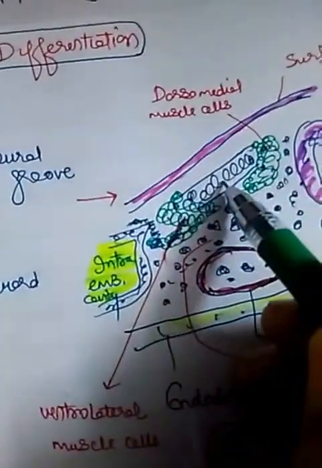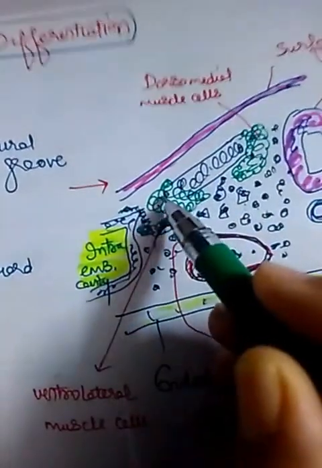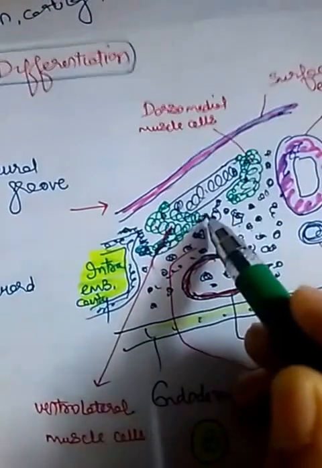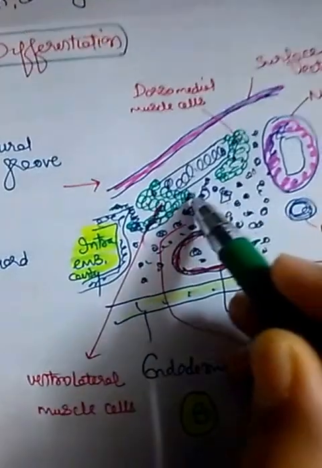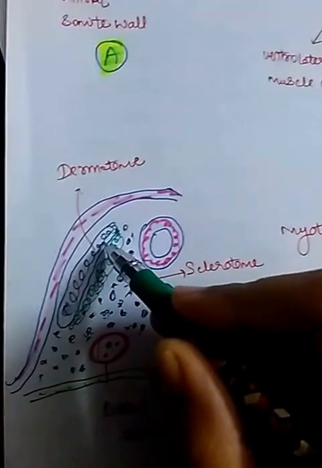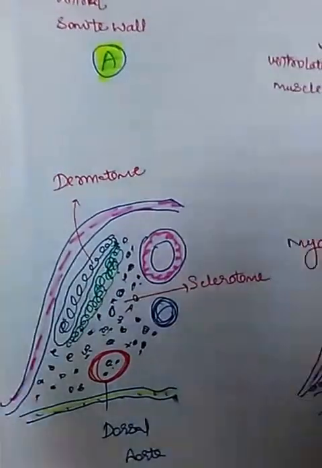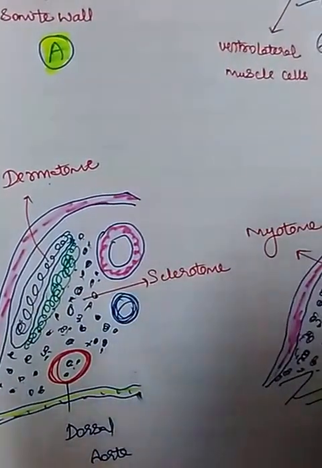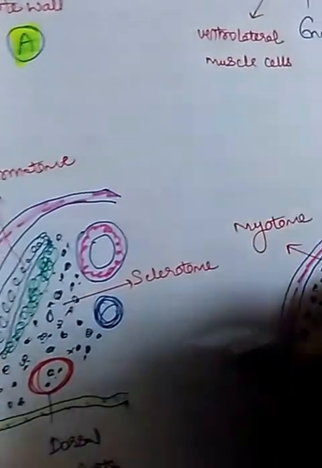This part which has been left will be called the dermatome, and the surrounding ventrolateral and dorsomedial parts are the muscle precursor cells which will migrate beneath the dermatome and become mesenchymal, and they will be called the dermamyotome. This is the dermatome, this is the dermamyotome, or we can say it is the myotome. But it is called dermamyotome because it gives rise to some other structures also apart from the muscles. And this is the sclerotome, we know.